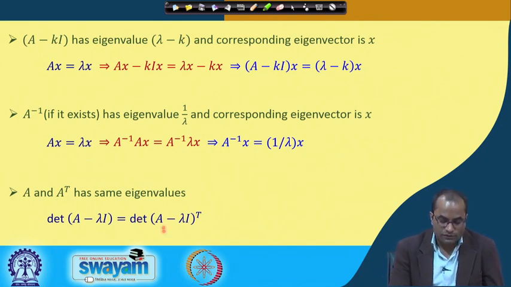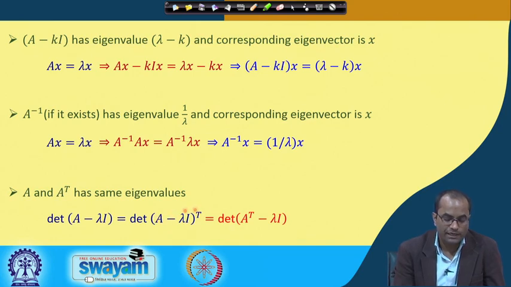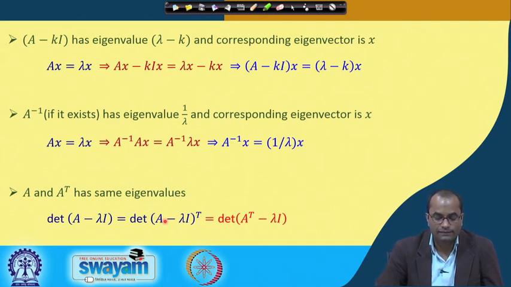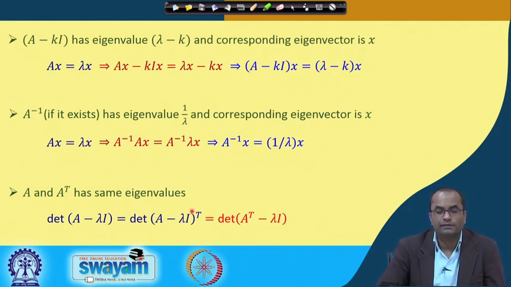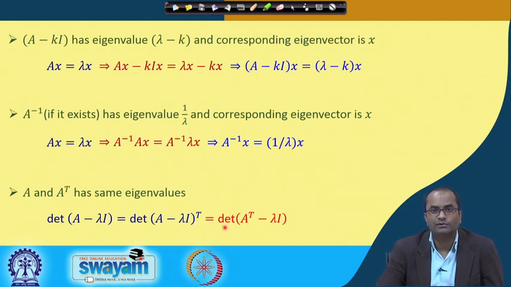Now, the property of the transpose says that (A minus lambda I) transpose will be A transpose minus lambda I transpose, and I transpose is again I. So, this is equal to the determinant of A transpose minus lambda I. That shows that the characteristic polynomial of A is the same as the characteristic polynomial of A transpose, and this relation says that we have the same characteristic equation for A and A transpose.